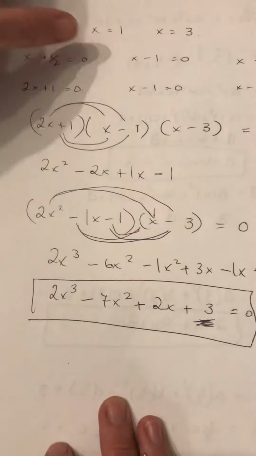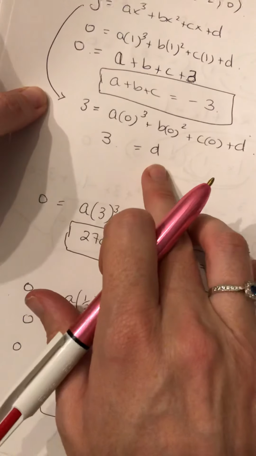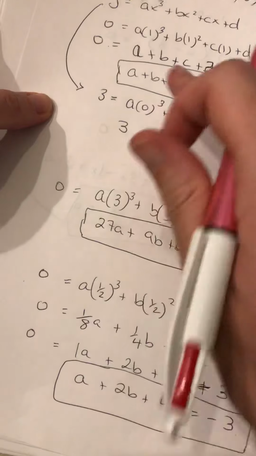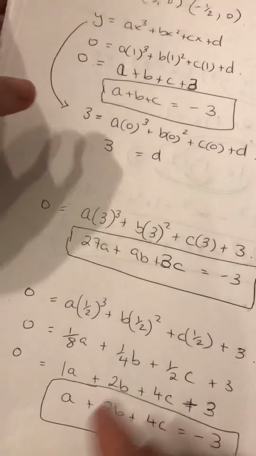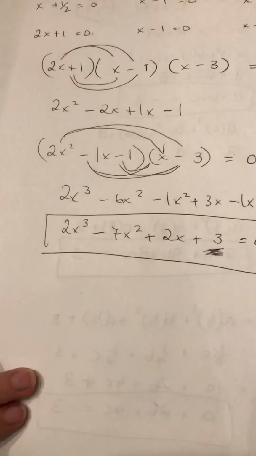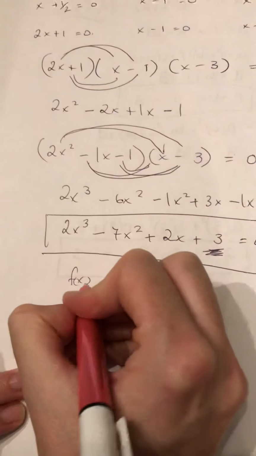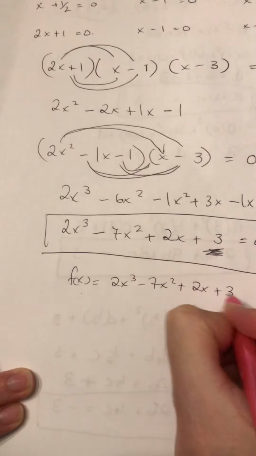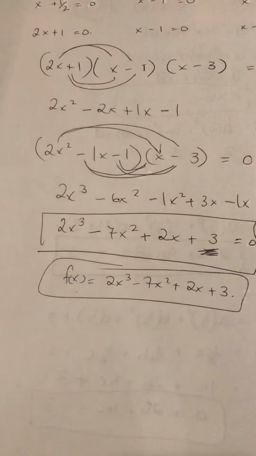And when you solved your equation back here, we already know that d was 3. So you would have found out that a was 2, b was minus 7, and c was 2 also. So if you did it that way and it worked out, they were your answers. So there's your function: f of x is equal to 2x cubed minus 7x squared plus 2x plus 3. So that was that particular question.